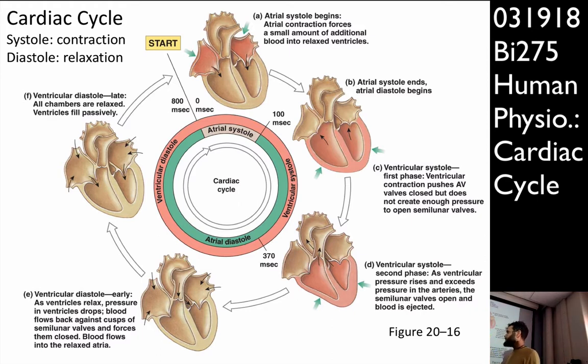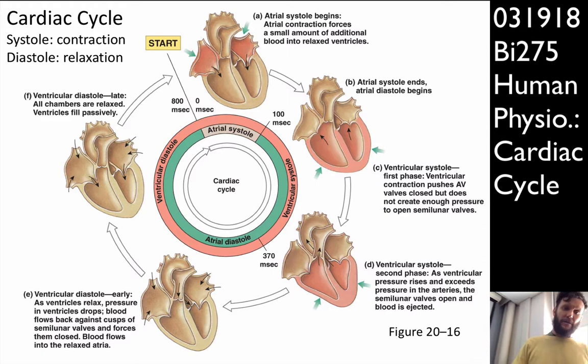Blood is ejected, and then we go through a pressure wave that will eventually drop off, and the back pressure from the blood, which we call afterload, then pushes these semilunar valves closed. They snap shut, and then ventricular diastole begins, and we move on to the passive filling of the atria and the ventricles from the preload, the pressure of blood in the venous system.